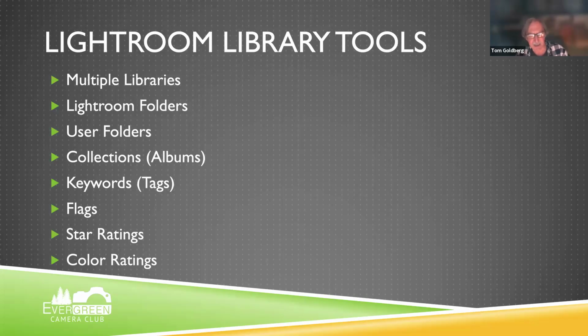You can label your photos with keywords, or in today's parlance, tags or hashtags. You can tag your photos with any words you want, and that's really useful. Lightroom also gives you flags, star ratings, and color ratings. People use those all different kinds of ways, and I'm going to talk about how I use them.